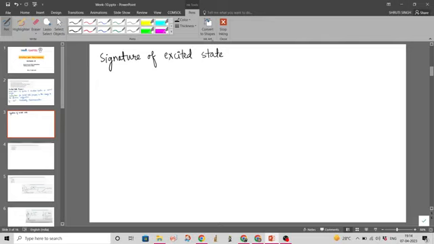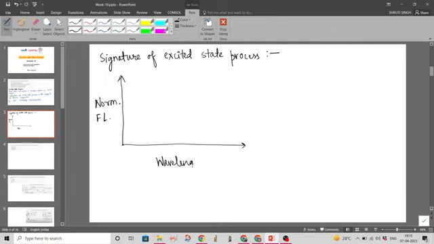Yes, so the signature of the excited state process will be a redshifted spectra, a redshifted peak. Suppose this is your normalized fluorescence intensity here, and here is your wavelength in nanometer.